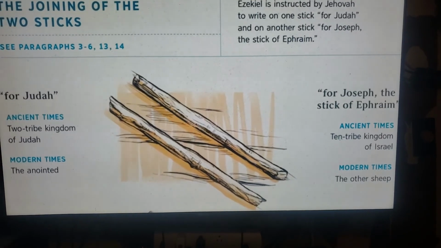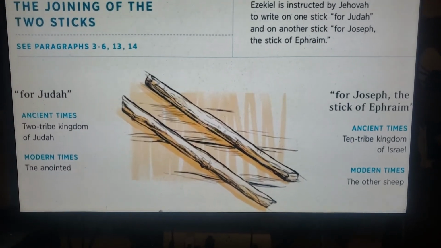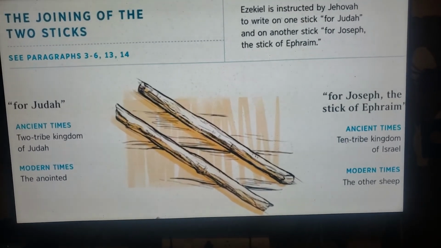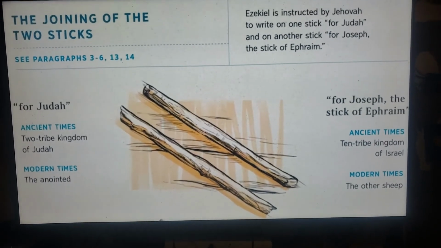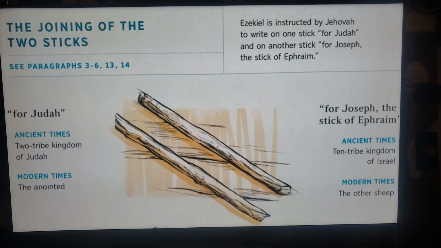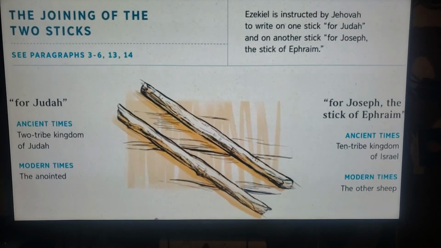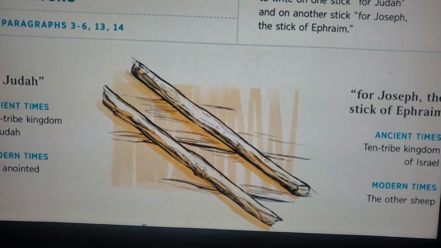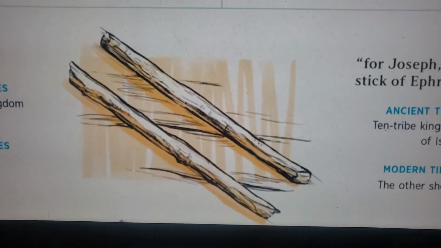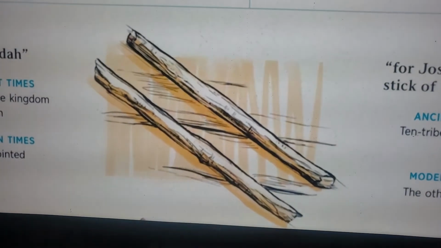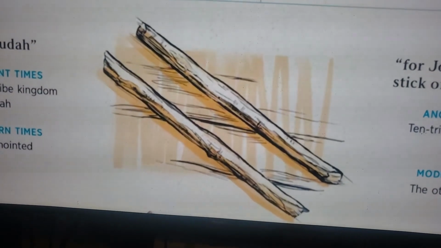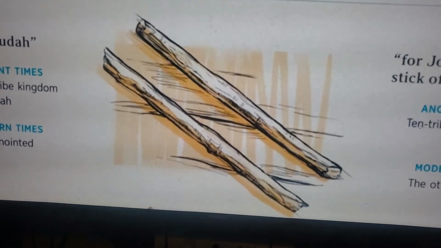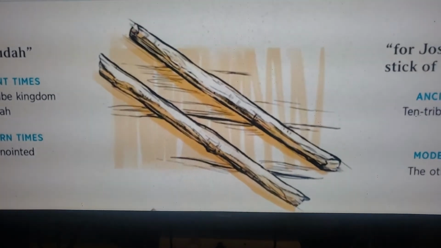People, we have been duped, lied to, and it's our turn to wake these people up. And these two sticks have nothing to do with the governing body or Jehovah's Witnesses.